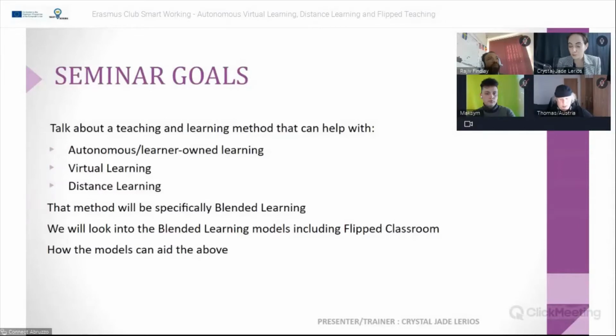When we get into an introduction for that, we're also going to look into the blended learning models, which include flipped classroom, which is one of the first that you can use when implementing blended. And even further, we're going to look at how these models can aid all of the above things that we said, which are virtual learning, distance learning, and autonomous learning. Next slide, please.